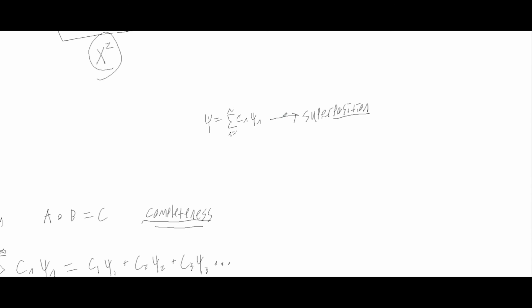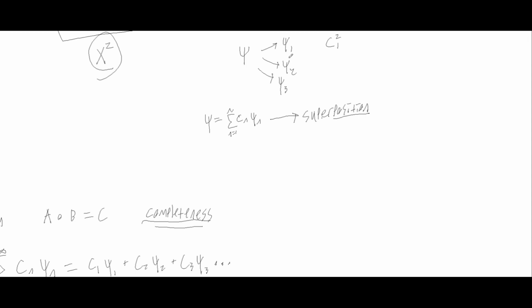So that's saying if we have a particle and it's in this state, when we measure it, it will collapse into maybe psi 1 or psi 2 or psi 3. The probability of it collapsing into psi 1 is C1 squared.